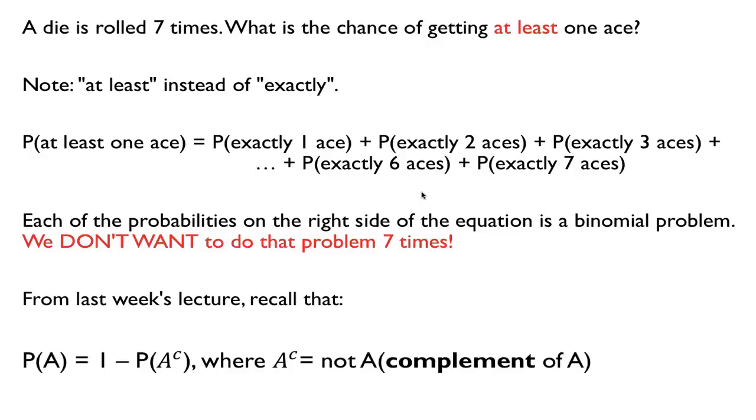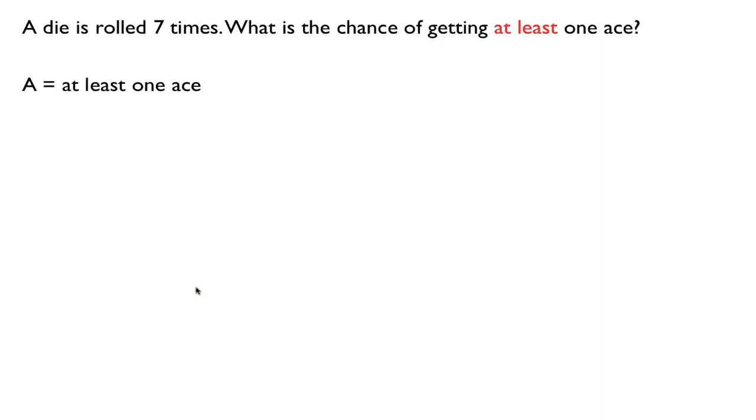It says that if I look at the probability of an event and the probability of the opposite or complement event, they're related by this formula. The probability of the event A is equal to 1 minus the probability of the complement of A. So for example, if the chance of it raining tomorrow is 40%, the chance of it not raining is 60%. It's just the opposite complement event. So we're going to use that trick to do this problem.